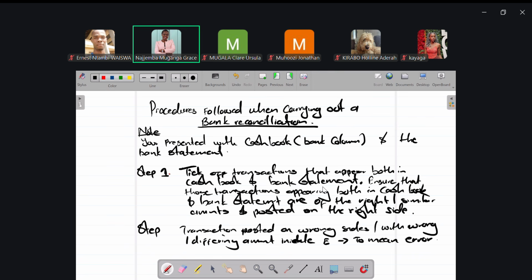We're together. Indicate E to mean that there is an error. Are we together? That is step 2.